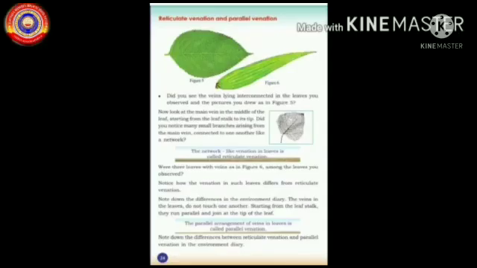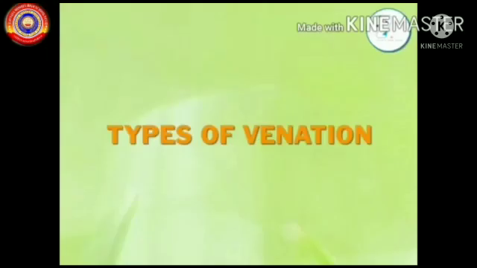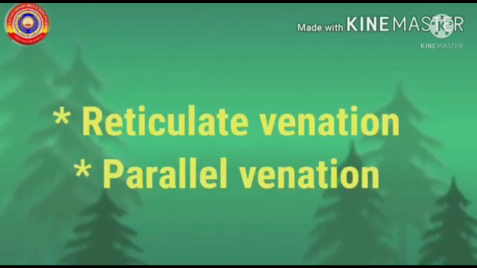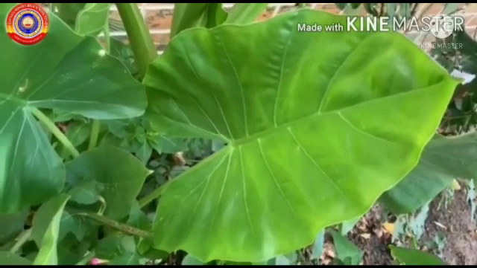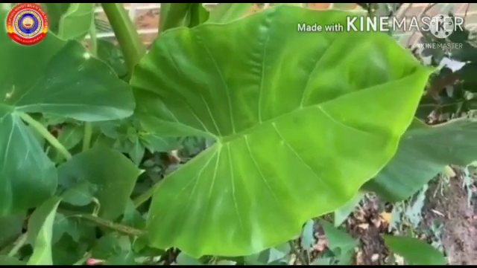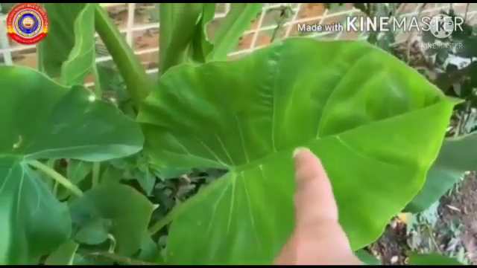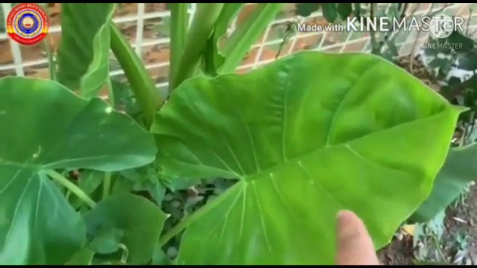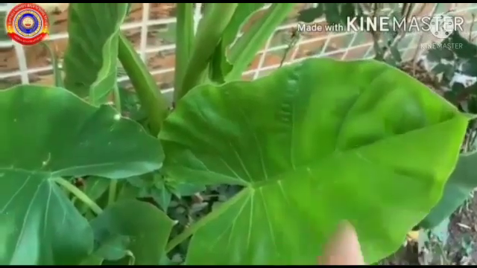In plants, mainly two types of venation can be seen. The first one is reticulate venation and the second one is parallel venation. In reticulate venation, the thick main vein, that is the midrib, is very prominent and the side veins arise like a network.